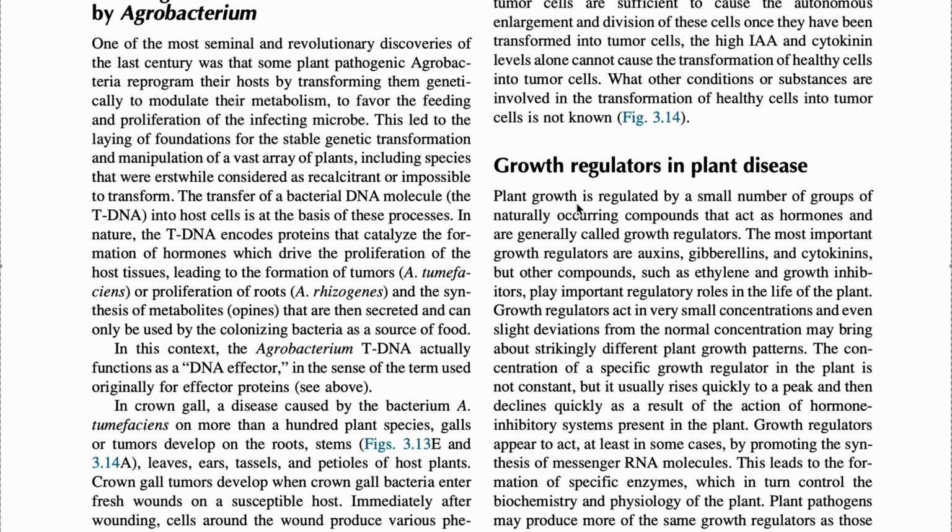Plant growth is regulated by a small number of groups of naturally occurring compounds that act as hormones and are generally called growth regulators. The most important growth regulators are auxins, gibberellins, cytokinins and other compounds such as ethylene and growth inhibitors. So yeah, these are growth regulators.